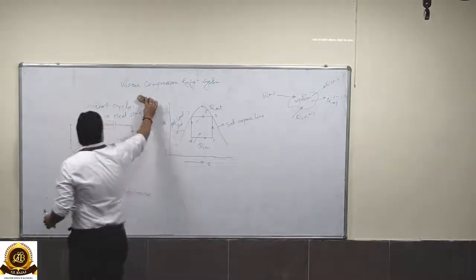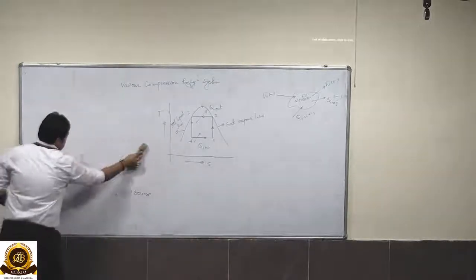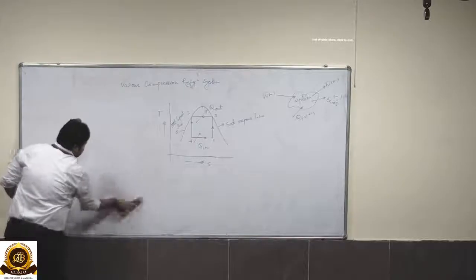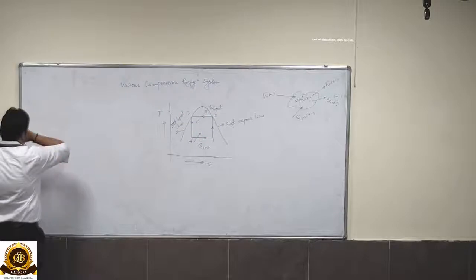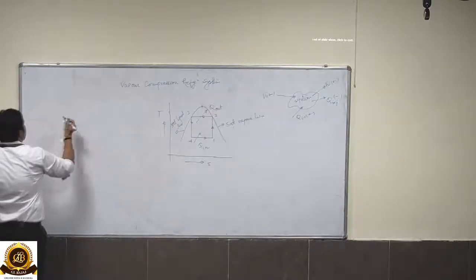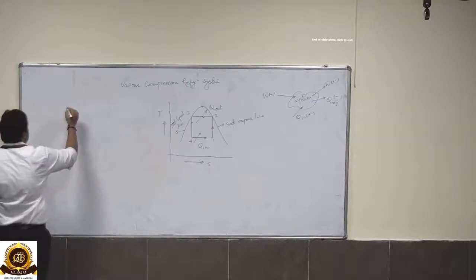So we will derive a formula for the COP of this reverse Carnot cycle. We all know that from the first law and second law of thermodynamics we can derive this formula.